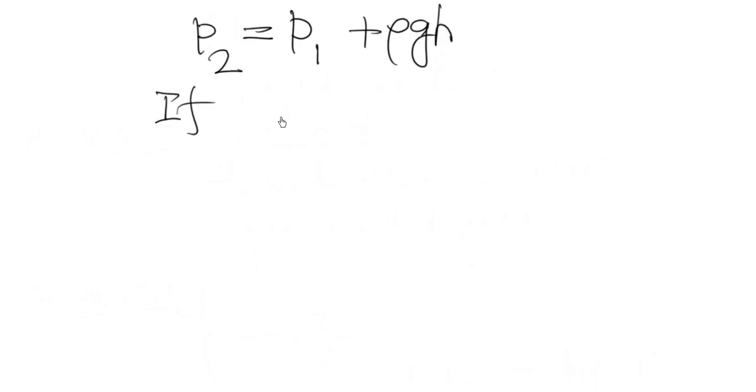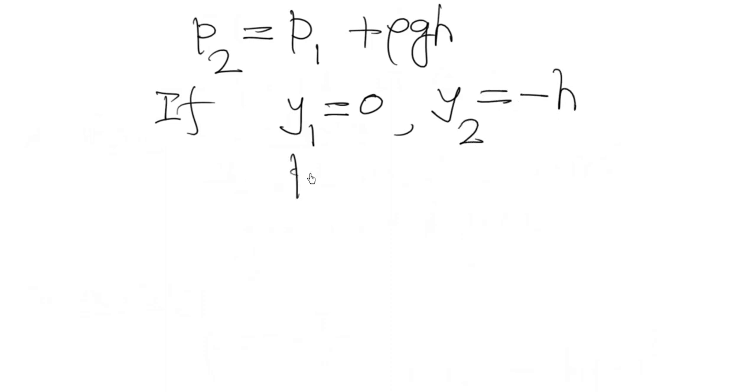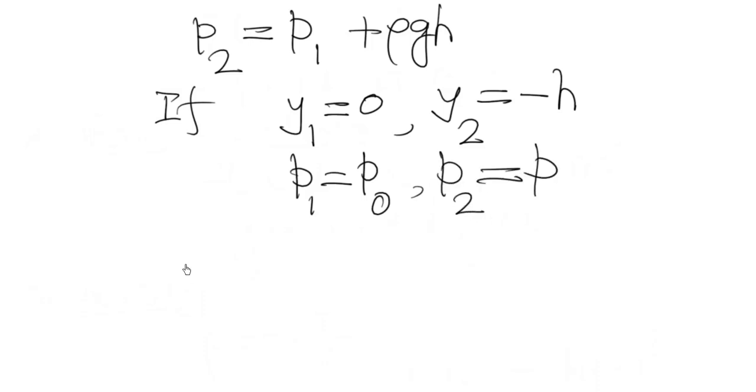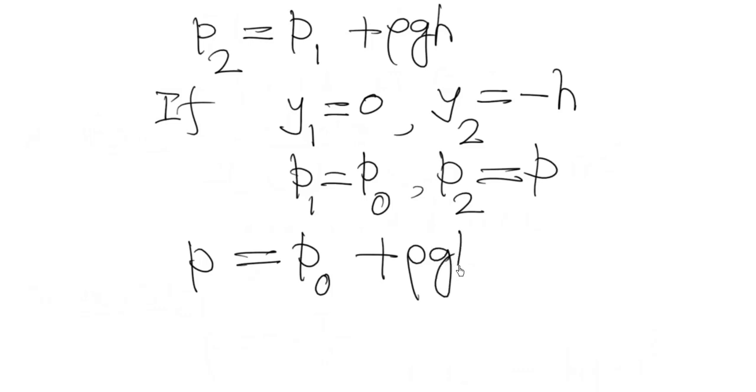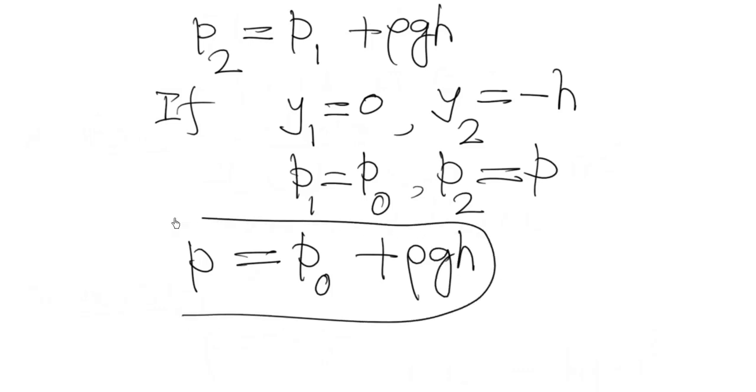If we have y1 equal to 0 and y2 equal to minus h, then P1 we say is P0, and P2 is P, then we have P equal to P0 plus rho g h.